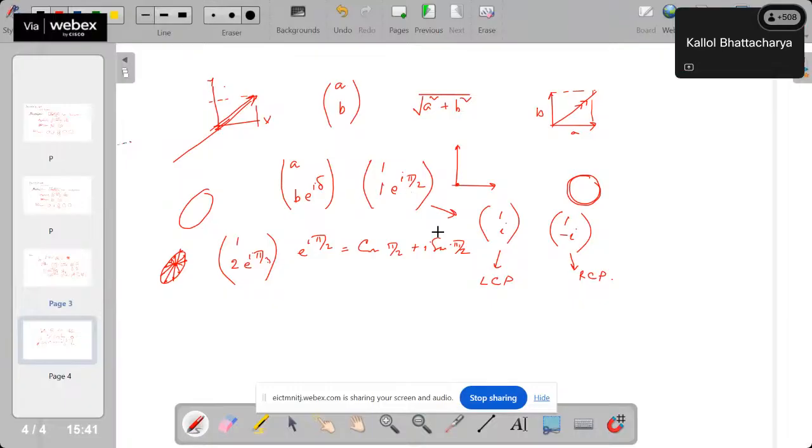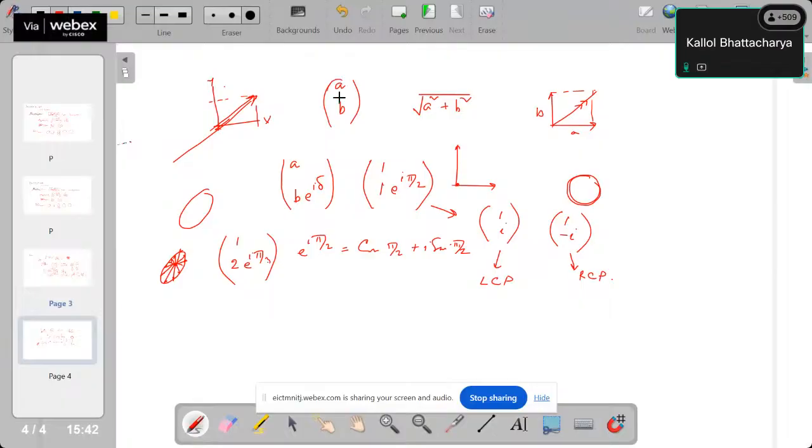So now we know how to represent polarization. First of all, we have discussed how polarized light differs from unpolarized light. In polarized light, if we know the location of the electric vector at one instant of time, we can predict the location of the electric vector at some other instant of time, which is impossible in case of unpolarized light. Secondly, we know that polarized light can be represented in the form of a Jones vector.